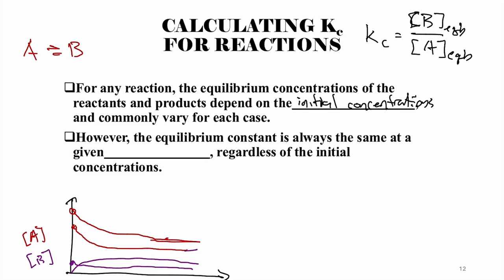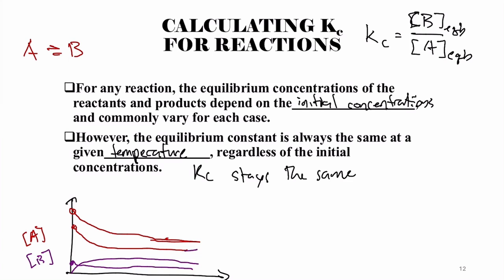And so what is another thing that can affect the equilibrium constant? The temperature, right? So when we have a given temperature, the equilibrium constant stays the same. So Kc stays the same.